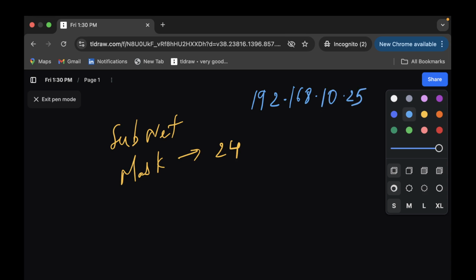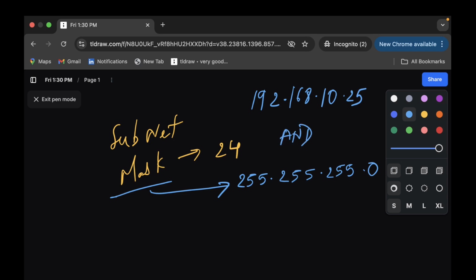If I convert this subnet mask into decimal, 24 means the last 8 bits are going to be 0, so it is 255.255.255.0.